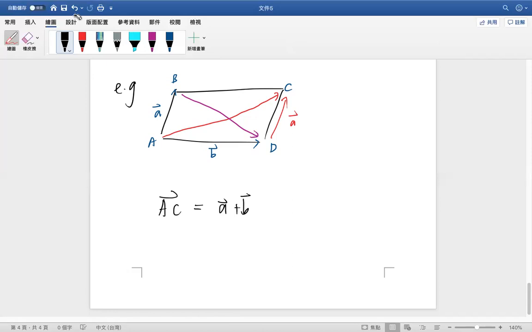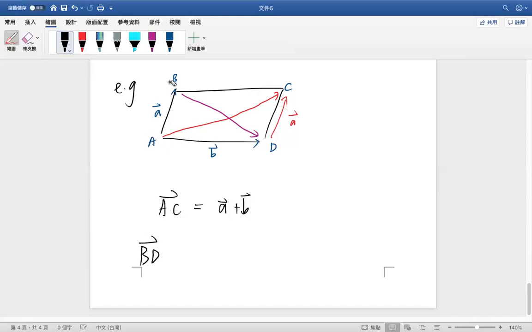Now for this example, we need to solve for BD. Because A and B now are not in the tip and tail situation. Actually there are several ways to do it. The first way is, let's call the vector BD.